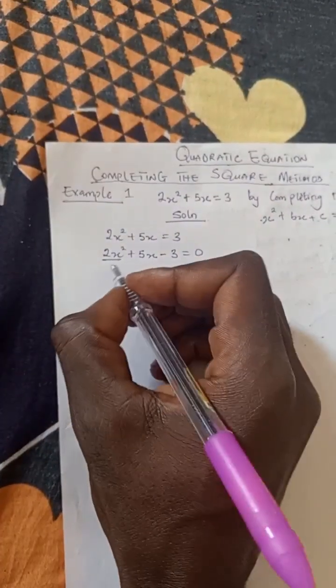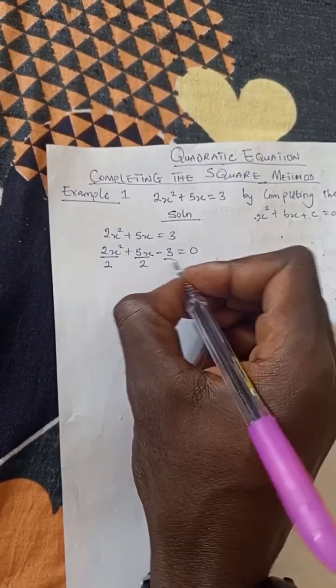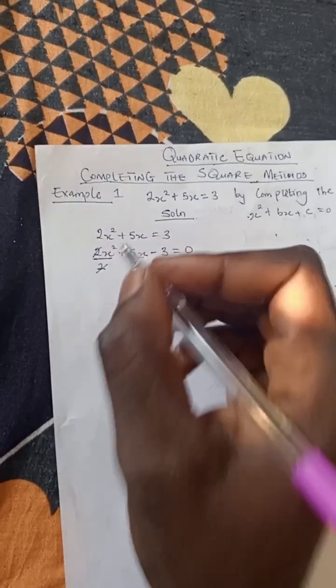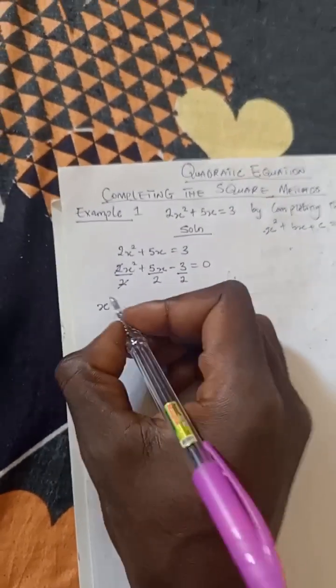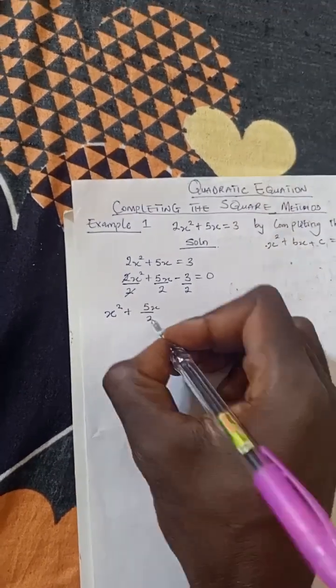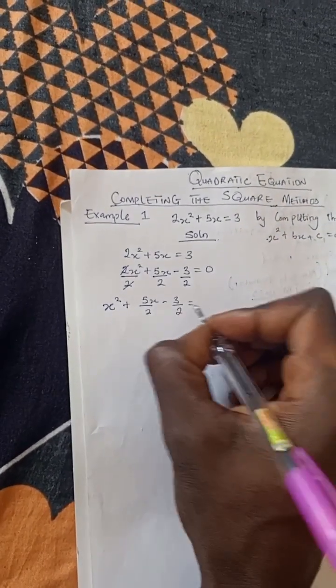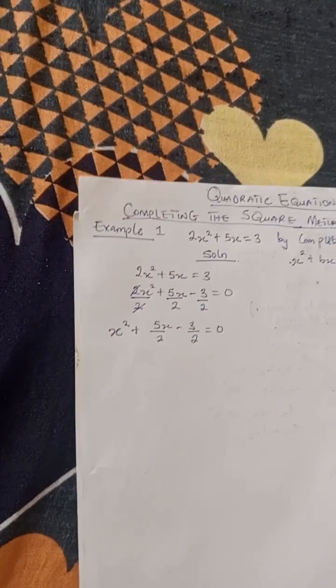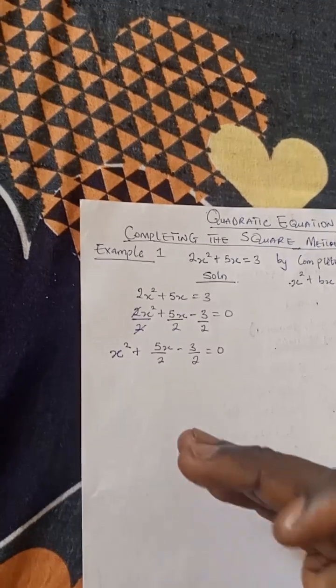So dividing all through by 2, 2 cancels 2. You have x squared plus 5x over 2 minus 3 over 2 equal to 0.